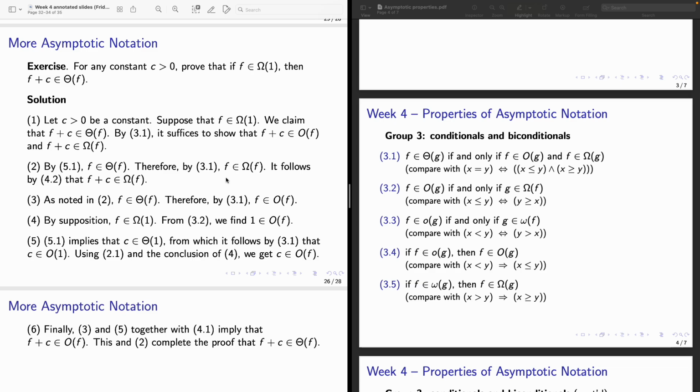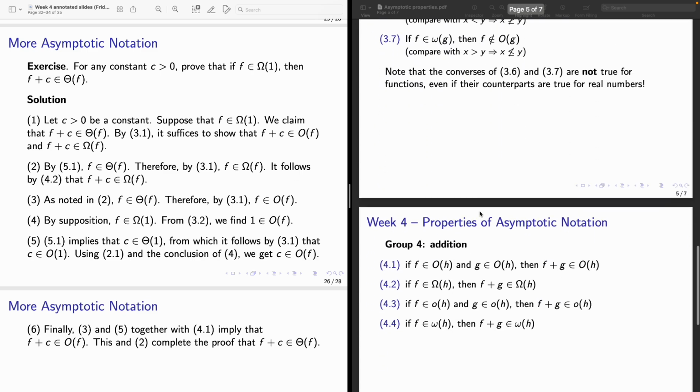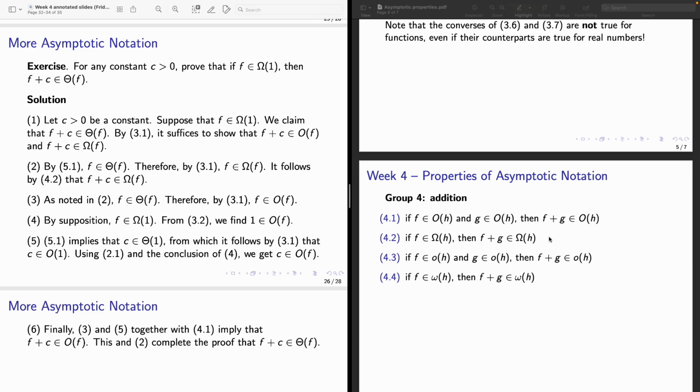We use that again to show that f is in big theta or big omega of itself, and use that weird rule to say that f plus some constant is in big omega of itself. This should remind you of an example we did earlier.